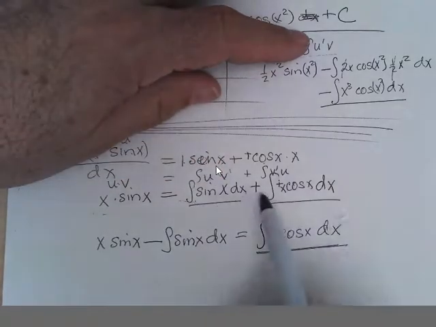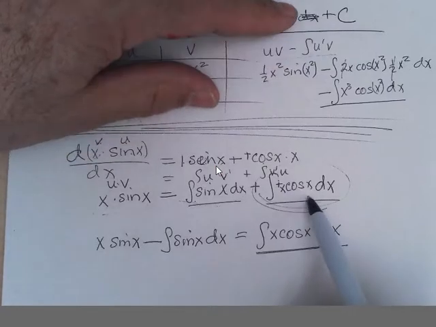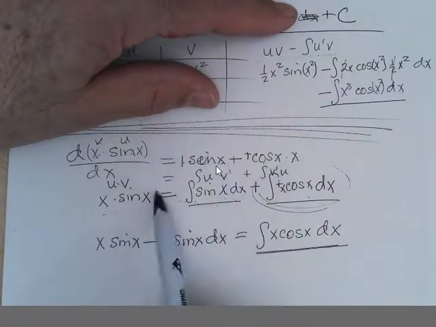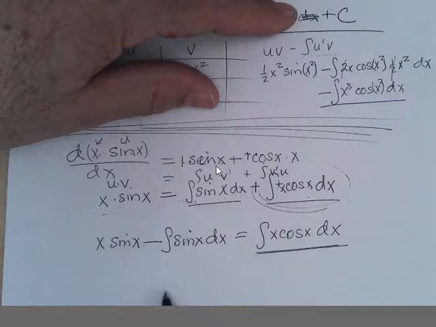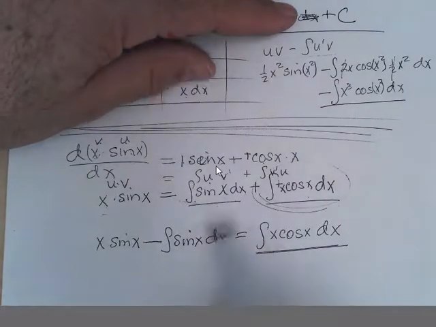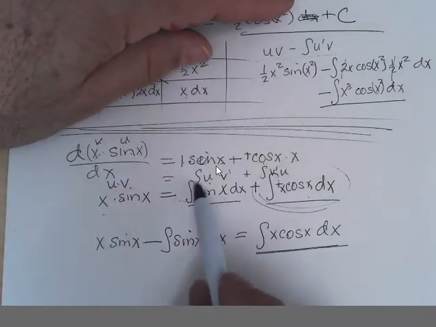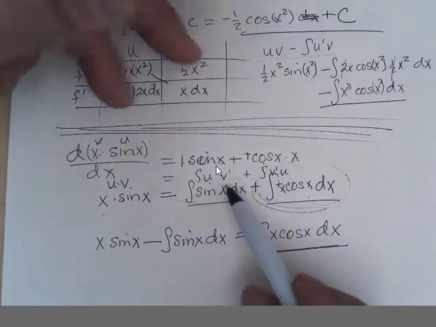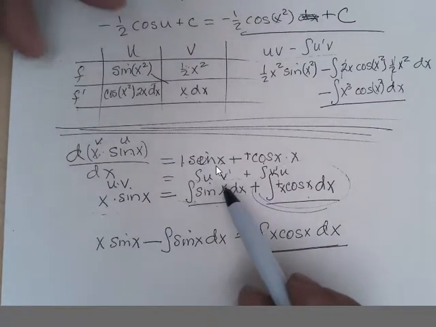So we're trying to find the antiderivative of one part of the product rule by taking the product minus the antiderivative of the other part of the product rule. And that's what's going on in this whole uv equals the antiderivative of that, subtracted from the product.